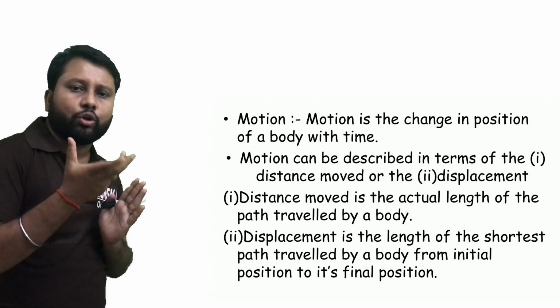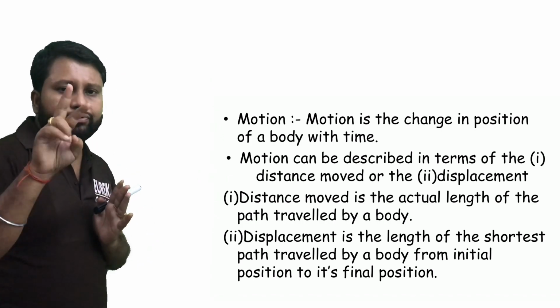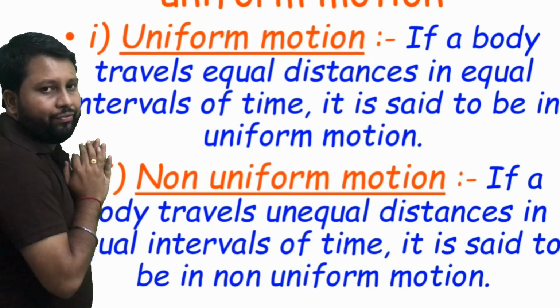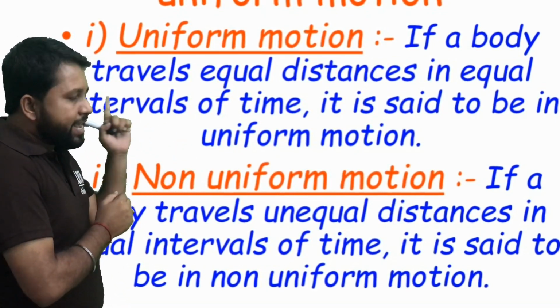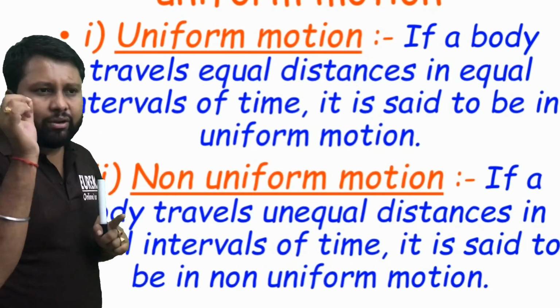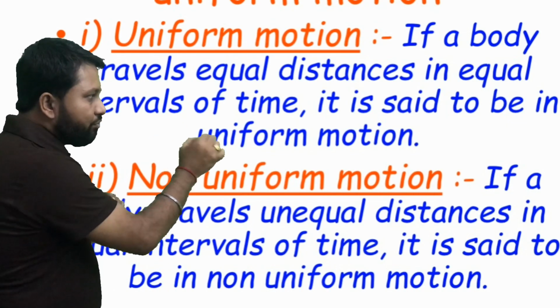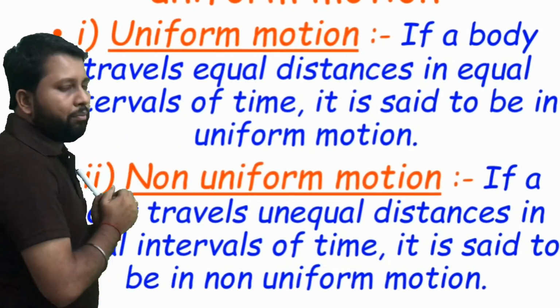Now we'll study types of motion. I have already told you what motion is. Motion is generally of two types: uniform motion and non-uniform motion. What is uniform motion? If a body travels equal distance in equal interval of time, it is said to be in uniform motion.